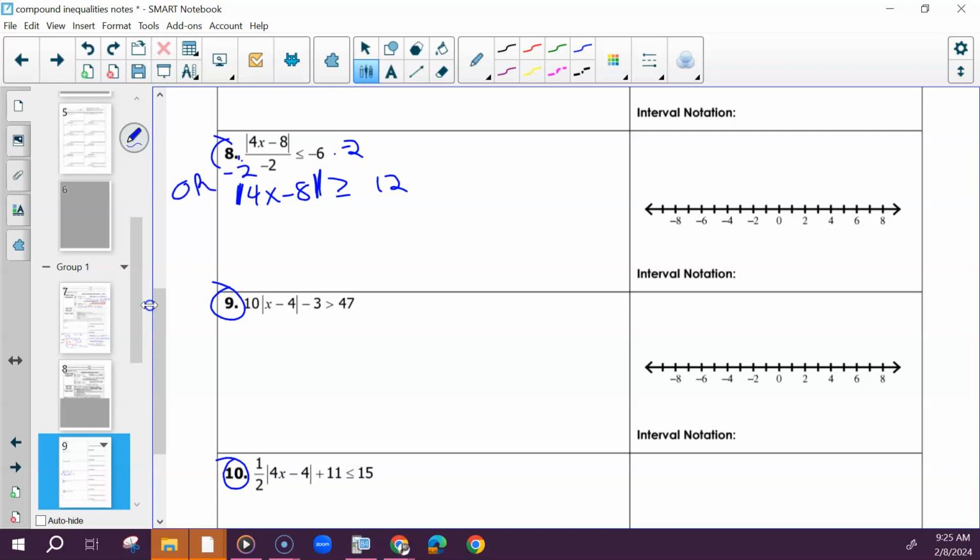So we can drop the absolute value and create our 2 cases. So 4x minus 8 is greater than or equal to 12, and 4x minus 8 is less than or equal to -12. And then solve both of those.